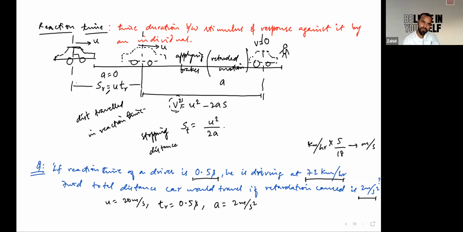Put all these values in the above equation, and you get S_R and the stopping distance.